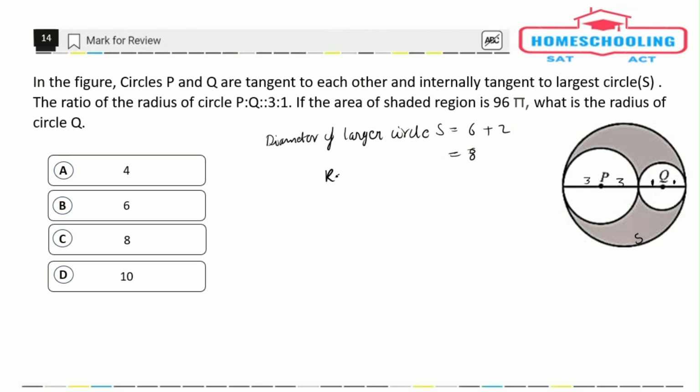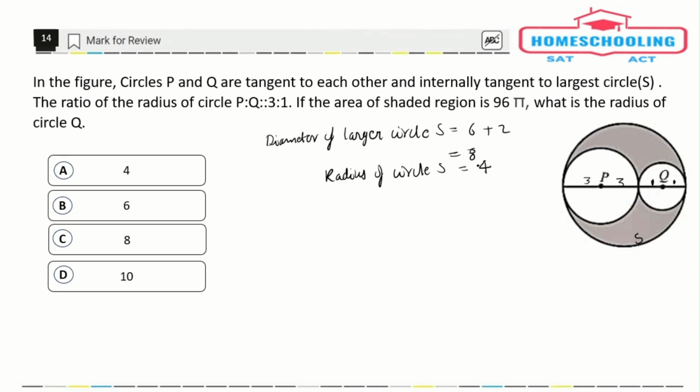So what would the radius of circle S be? As we know, the radius is half of the diameter. So the radius would be 8 divided by 2, that would be 4.